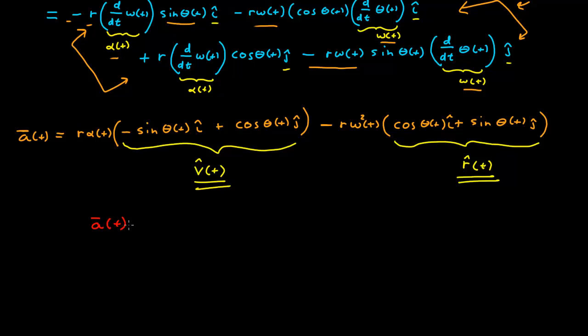So our acceleration as a function of time is equal to r times our angular acceleration alpha that points along the direction, either forward or against, but along the line of the velocity vector, minus r omega squared, which is a function of time, times the position vector, unit vector.